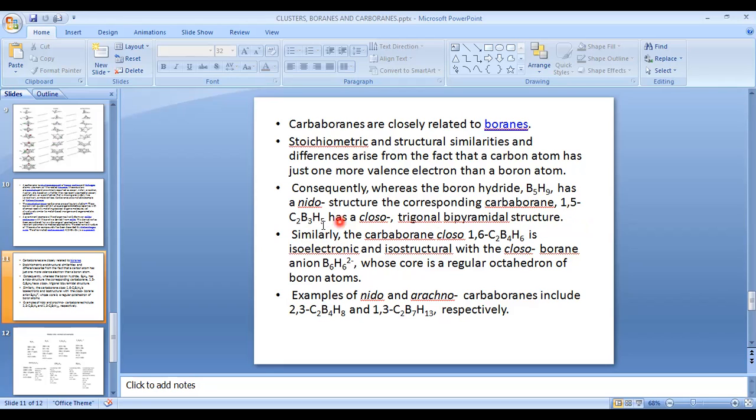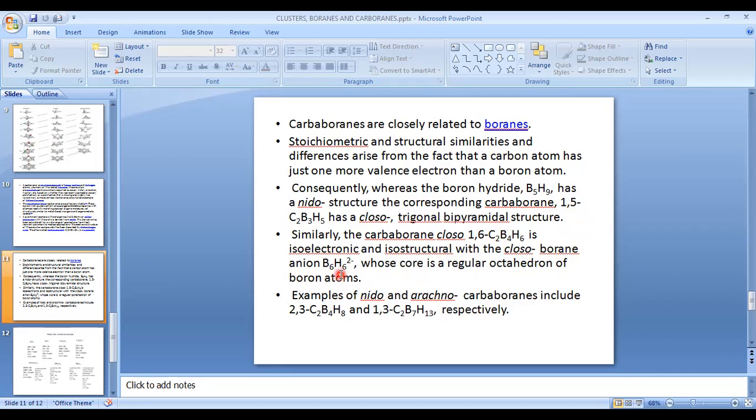So 1,5 means these carbon atoms are present at first and fifth position, and in between we have borons. Similarly, the carborane closo-1,6-C2B4H6 means at first and sixth position we have carbons. In between we have borons. It is isoelectronic and isostructural with the closo-borane anion B6H6, hexahydrohexaborate, whose core is a regular octahedron.